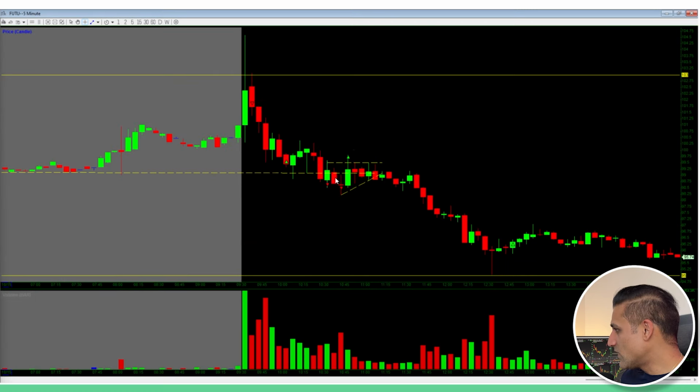So I took some profits over here. As soon as we broke down below this minor level, I added some more. After a while, I added some more. Later on, it ended up getting me wicked out. So I had closed half of my position over here, and the other half was still open.